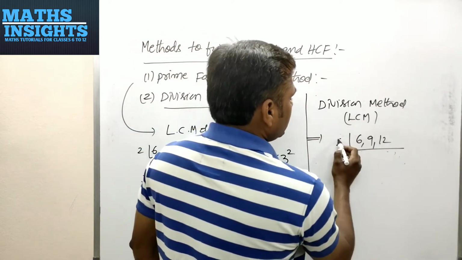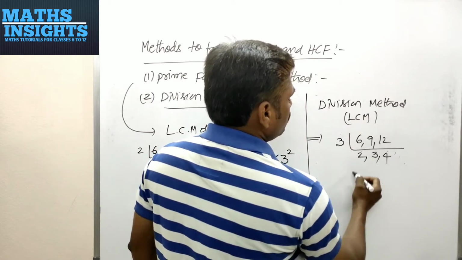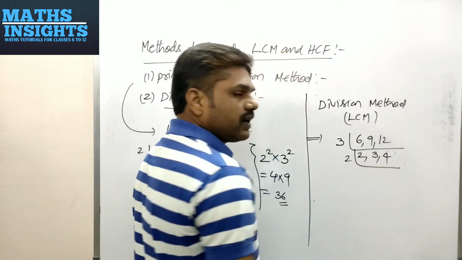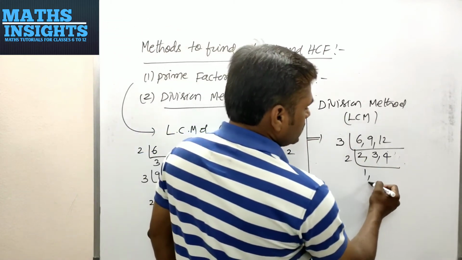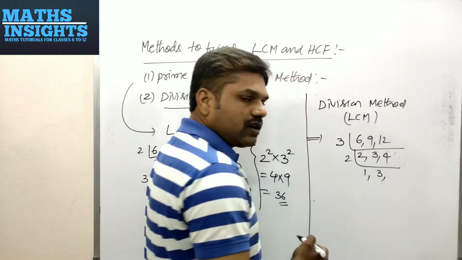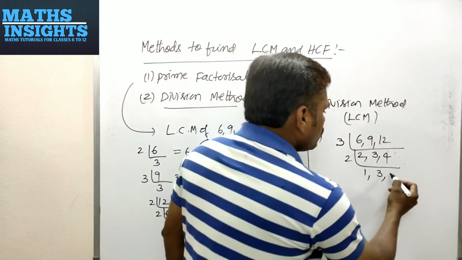I am taking 3, therefore 3 2s are 6, 3 3s are 9, 3 4s are 12. In this case you will divide all of these with 2 except 3, therefore 2 1s are 2. Since you could not divide 3 exactly with 2, I am writing it as it is, therefore 2 2s are 4.